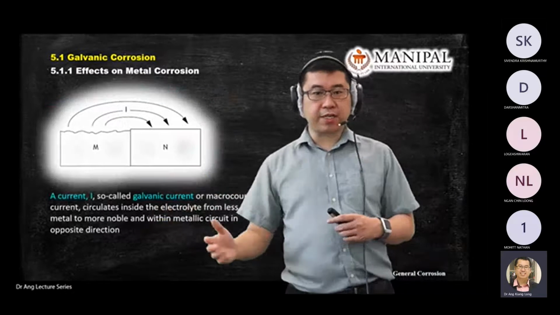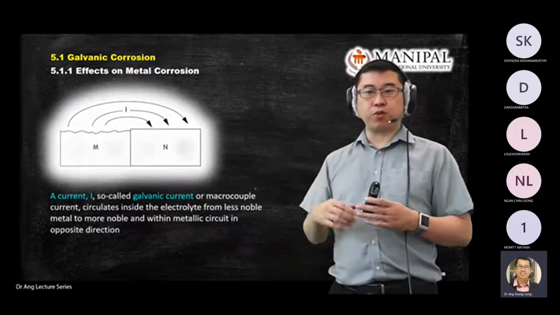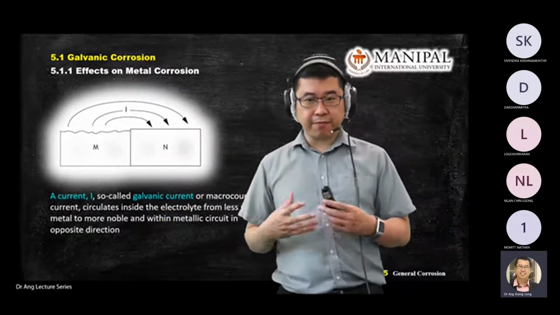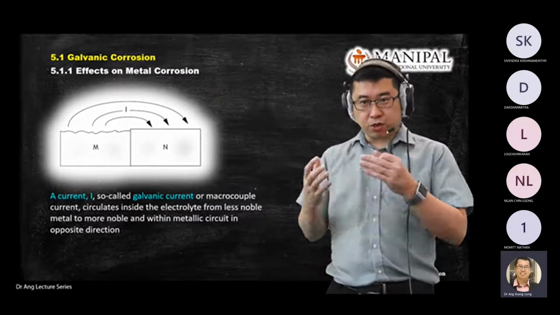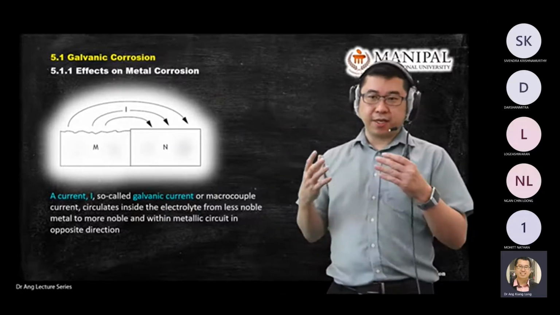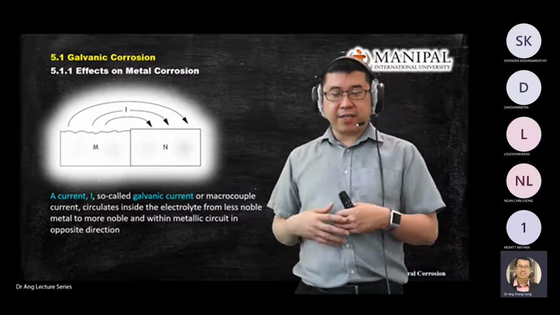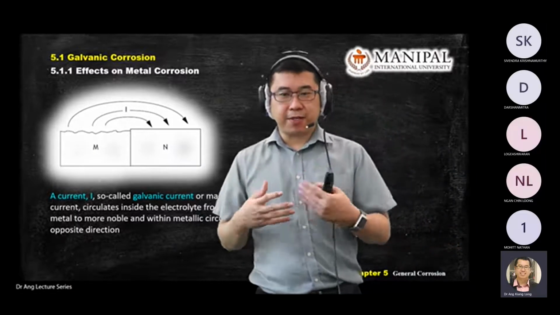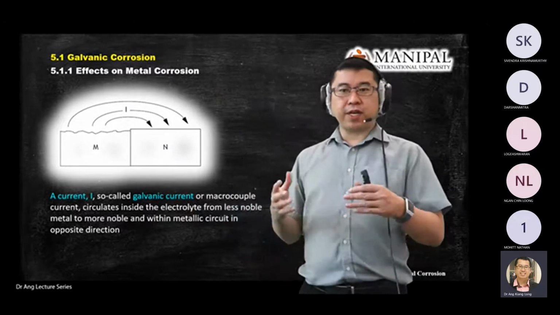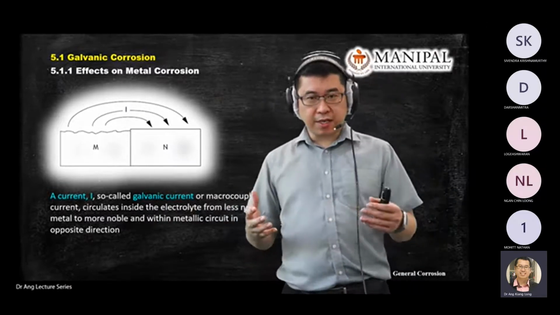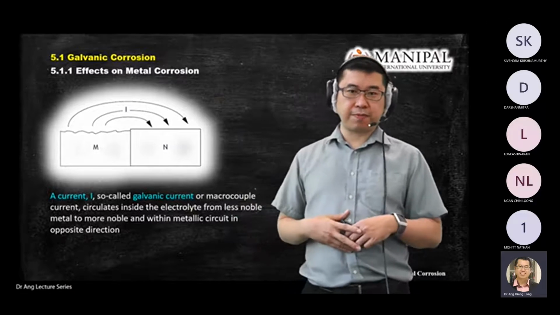This slide is just to show you how to sketch a schematic diagram for a galvanic cell. In the exam, you will be instructed or guided, for example: construct a schematic diagram for the galvanic cells in the corrosion process.